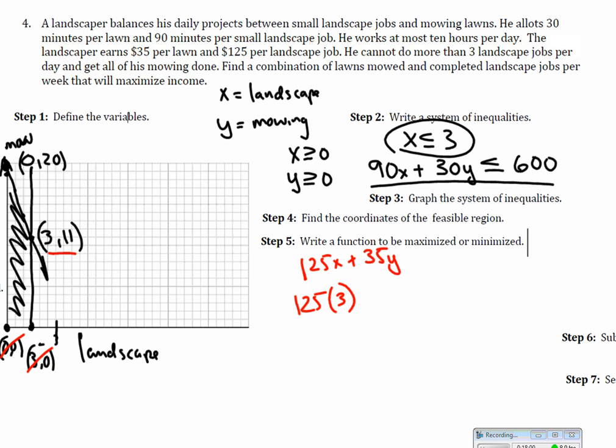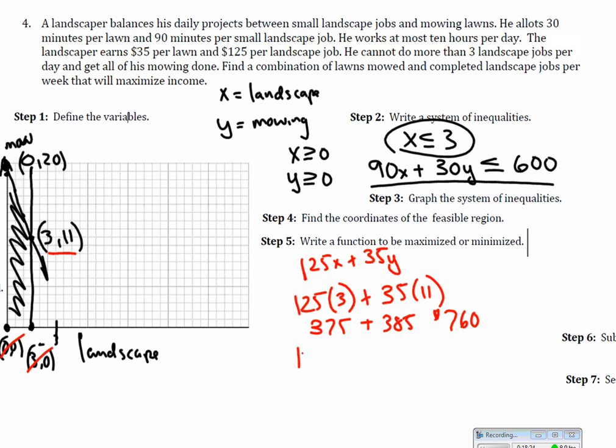So 125 times 3 plus 35 times 11. That's going to be if I do 3 landscaping jobs plus 11 lawns. So if I do 3 landscaping jobs and 11 mowing jobs, I get $760.